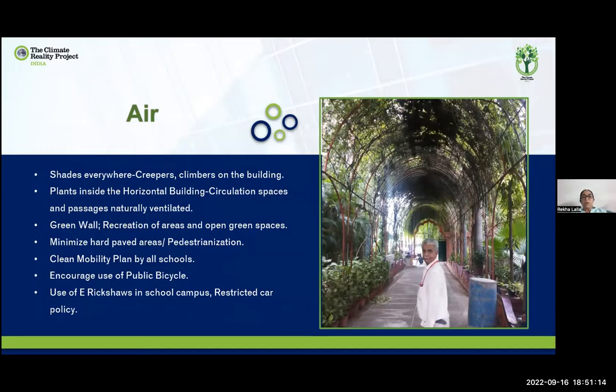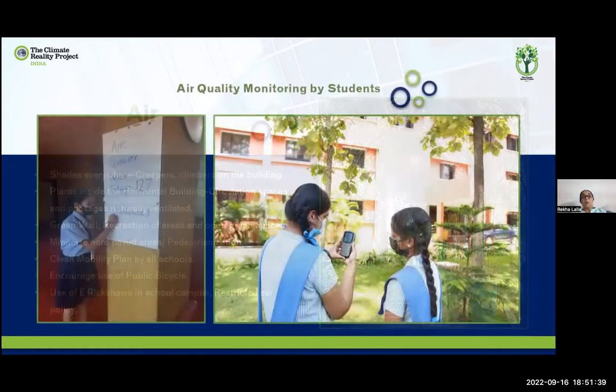A green wall can be created, and open spaces minimizing the hard surfaces, maybe permeable pavers can be used. For green mobility, what clean mobility we talk about: bicycles, or if there is not much space, maybe they can walk, or have school buses, or use the metros if there is one, and e-rickshaws in the campuses, and a restricted car policy or maybe carpooling.